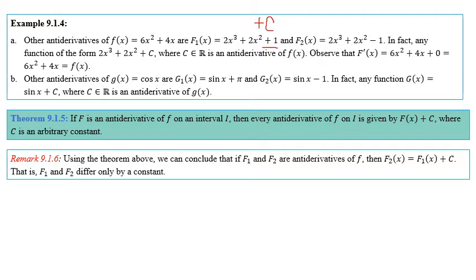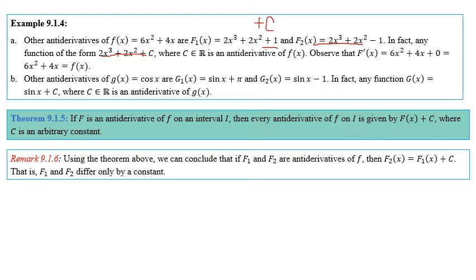And also, pwede din natin masabi na ang antiderivative ni 6x squared plus 4x is ito. In fact, any function of the form 2x cubed plus 2x squared plus C, where C is a real number, is an antiderivative of f of x.